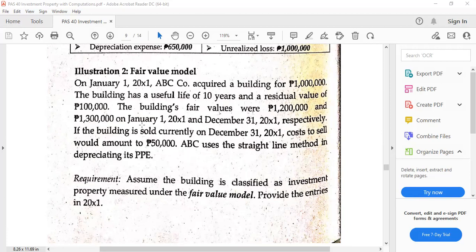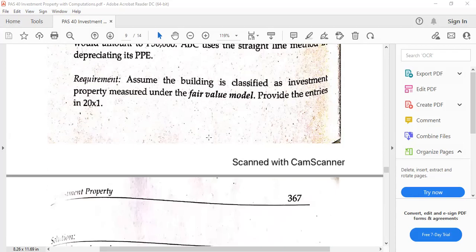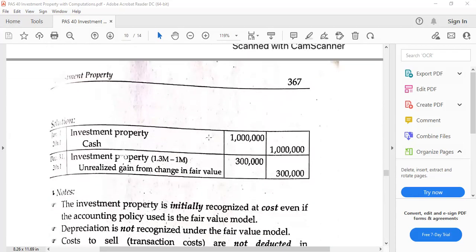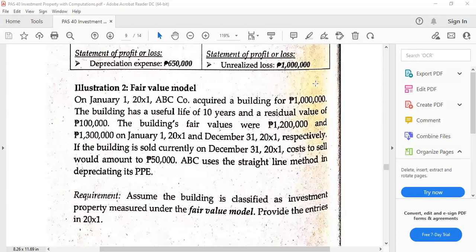And then the building is sold on December 31, 20x1, cost to sell would amount to 50,000. And we use straight line method in depreciating its PPE. All right, so let's continue.